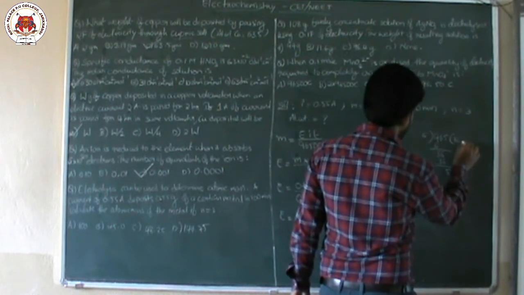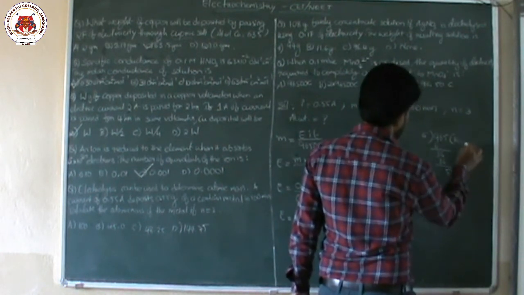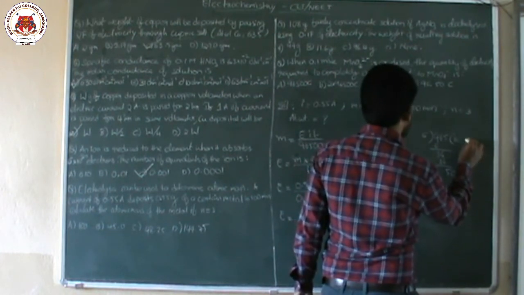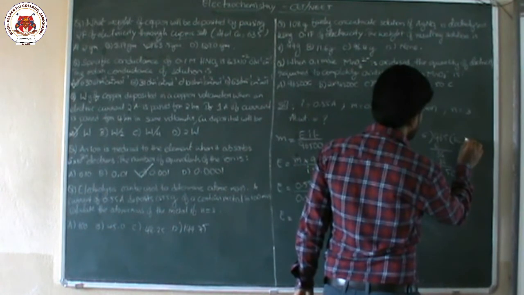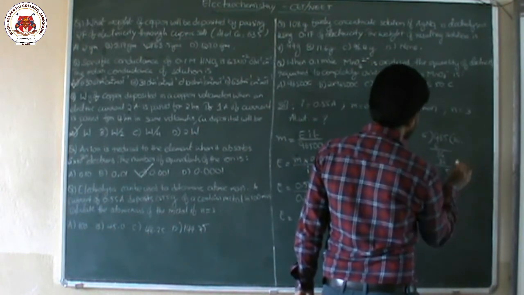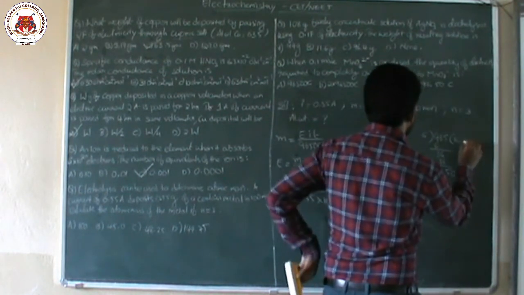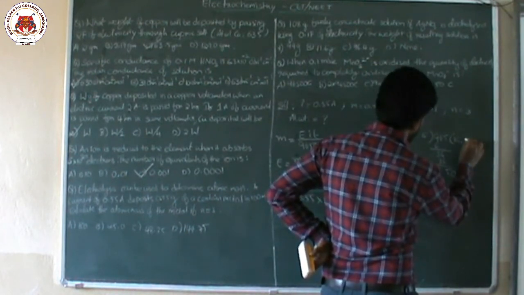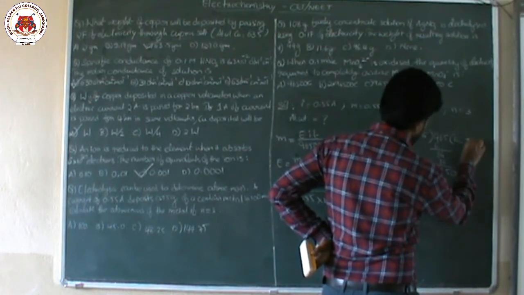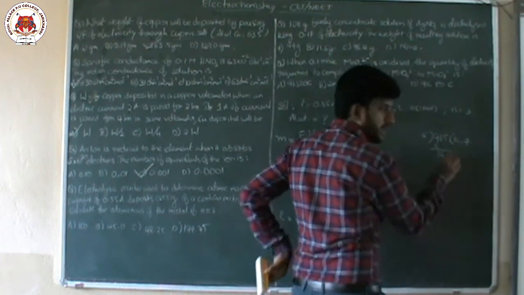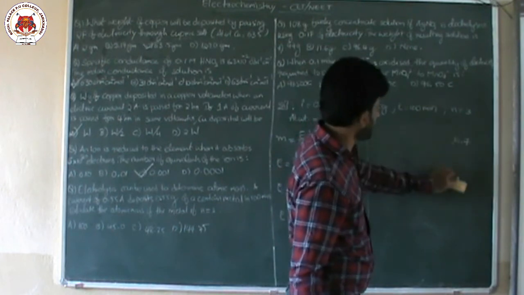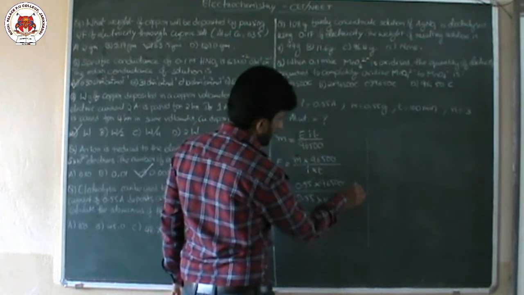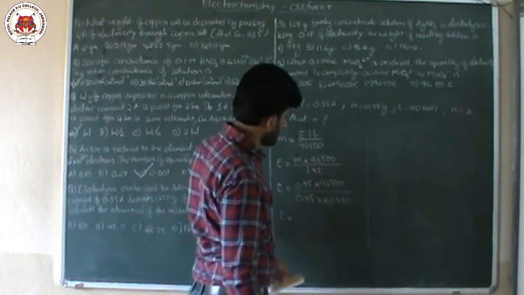Then the decimal point, it is 0, then 6 into... you will get somewhere around 16.7, roughly 16.7, and divided again by that 10.